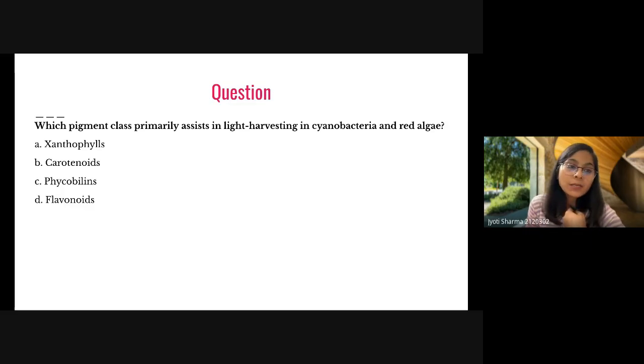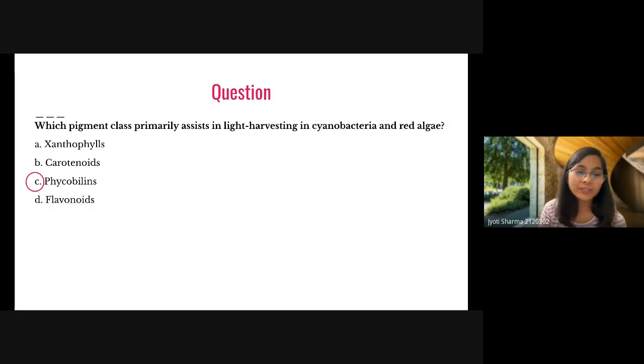The options are xanthophyll, carotenoid, phycobilins, and flavonoids. And just see, this is cyanobacteria and red algae. So this is not A, not xanthophyll, but this is phycobilins, because we are talking about cyanobacteria and red algae.